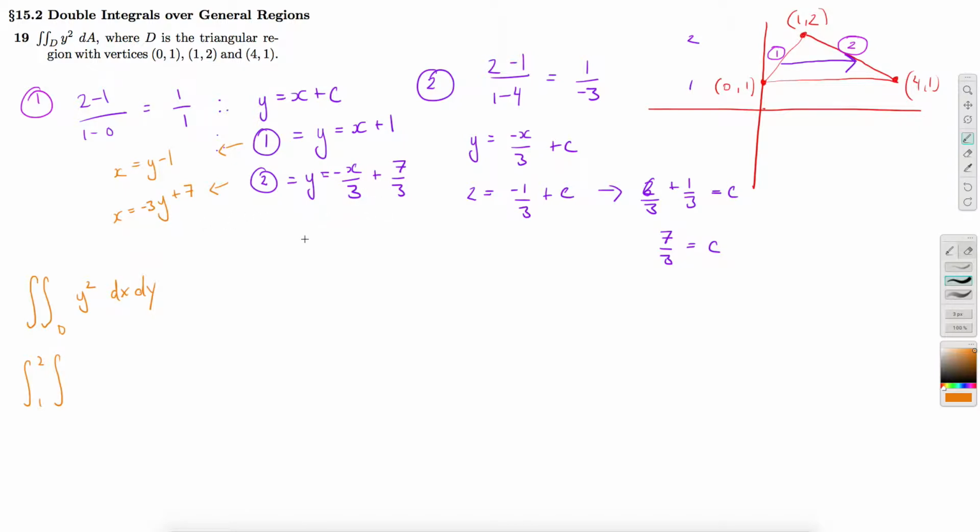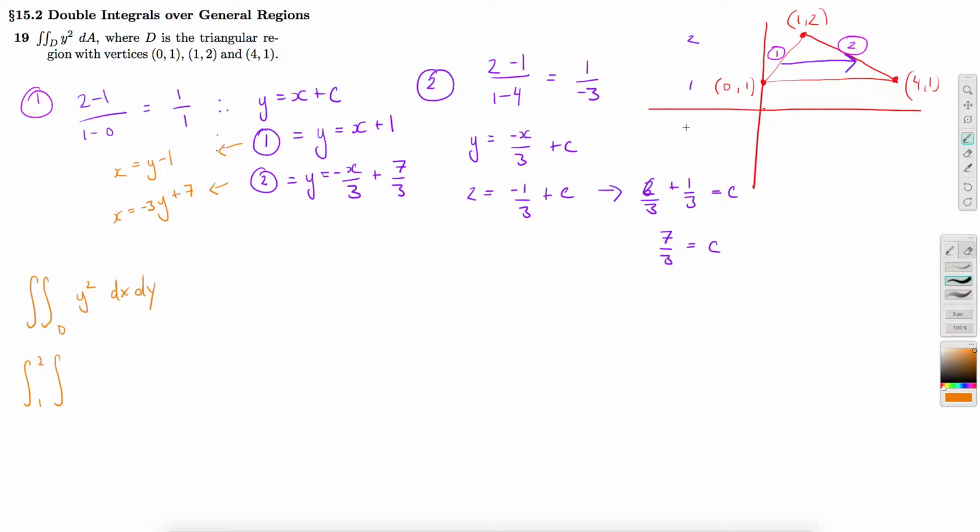Wait, it should go, make that 3y, then that becomes negative x plus 7, then take that over to the other side, then you get negative x, then you get 3y plus 7 equals x. Damn it. So this is our lower bound, and this is our upper bound.